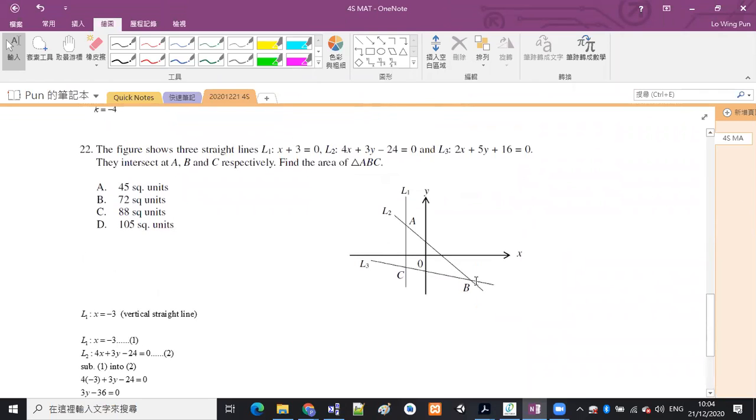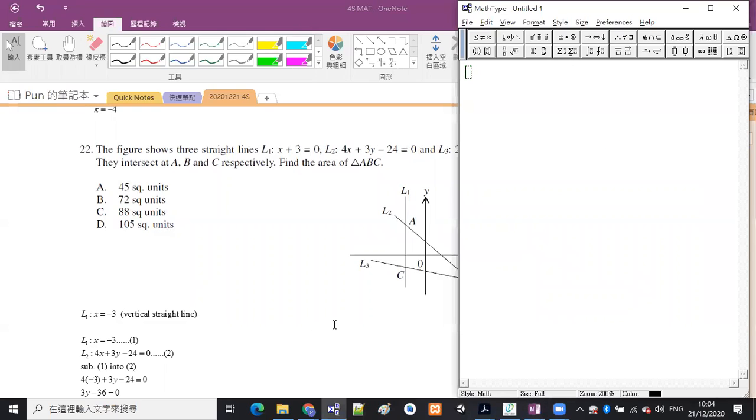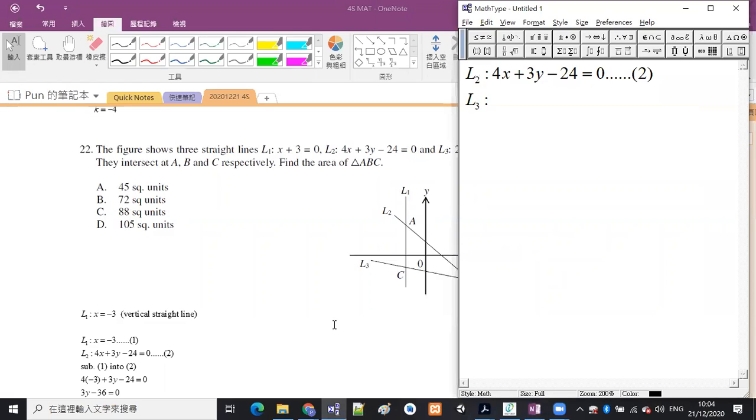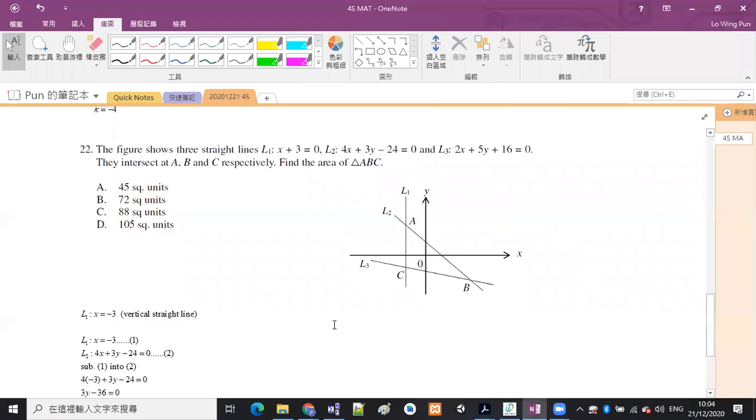And we also need to find the coordinates of point B. Point B is the intersection point of L2 and L3. L2 is 4x plus 3y minus 24 equals 0, call this equation 2. And then L3 is 2x plus 5y plus 16 equals 0, call this equation 3.